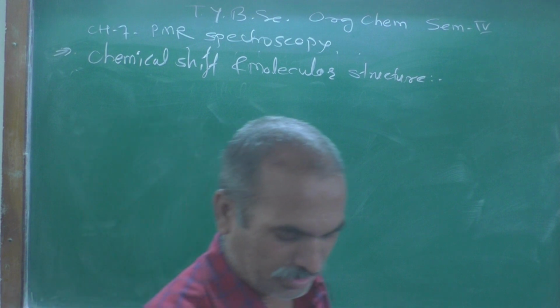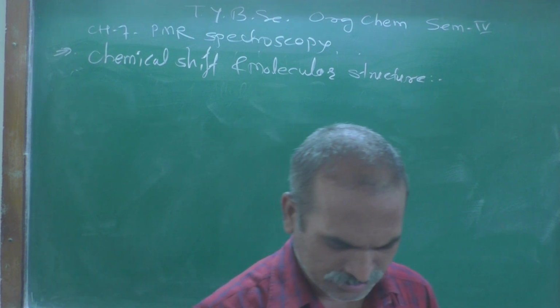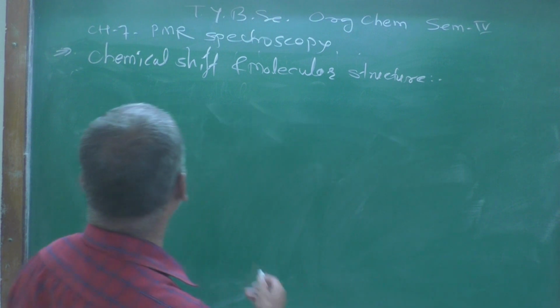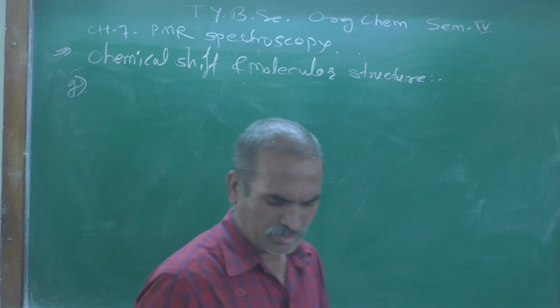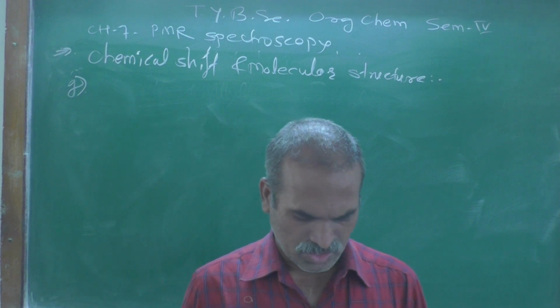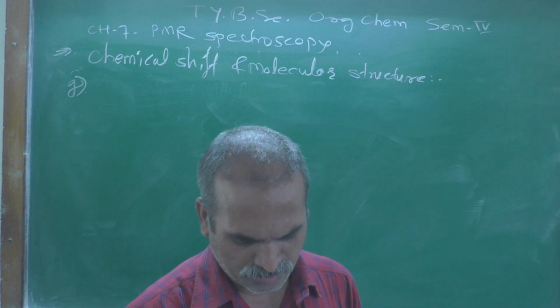The next point, I think we have seen F, now is Z: the OH proton of carboxylic acid.